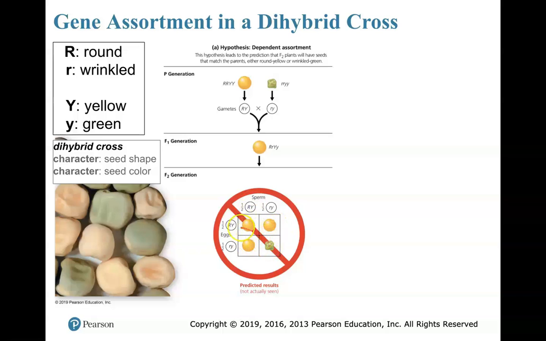Running the Punnett square, we would see round and yellow, 3 out of 4, and we would see 1 out of 4, green and wrinkled. That doesn't actually happen. That's not what Mendel actually saw in this generation when he grew the peas. What he actually saw was the next scenario.